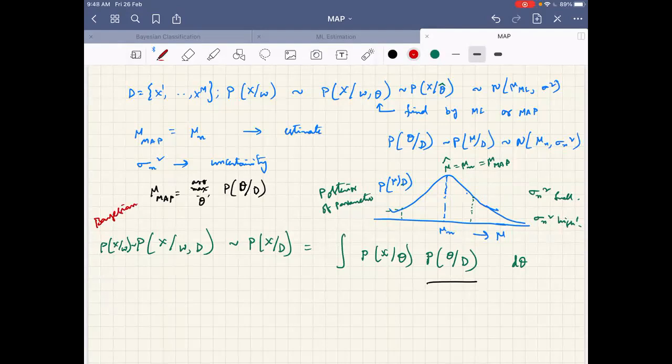It is referred to as Bayesian estimation because you are using the whole posterior for the purpose of estimation. Is this discussion clear? If there are any questions you can ask here. I will move on to another small discussion before we conclude the class.